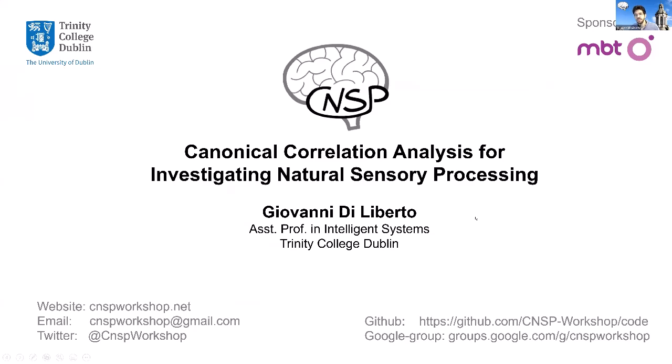Now CCA. I didn't make this up. This stuff has existed for decades. Alain de Cheveigné, one of my mentors, started working with this when he was working on cocktail party decoding. The project was called the Cocoha Project.